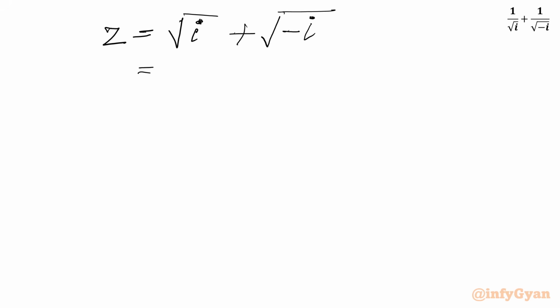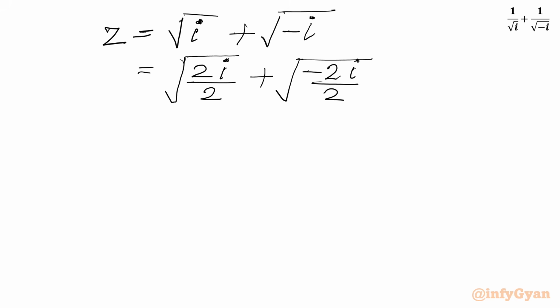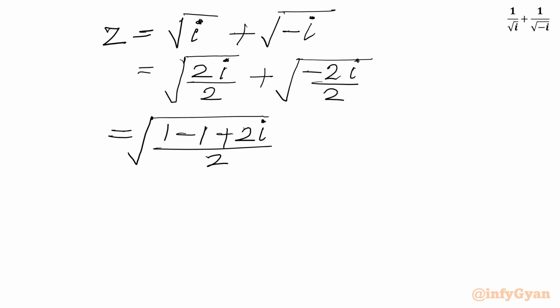Let's multiply by 2 in the numerator and denominator. We can write i as 2i over 2. Similarly, we can write minus i as minus 2i over 2. Now in next step, we can write 1 minus 1, which is 0. Then we have 2i over 2. Here also, we can consider 1 minus 1.